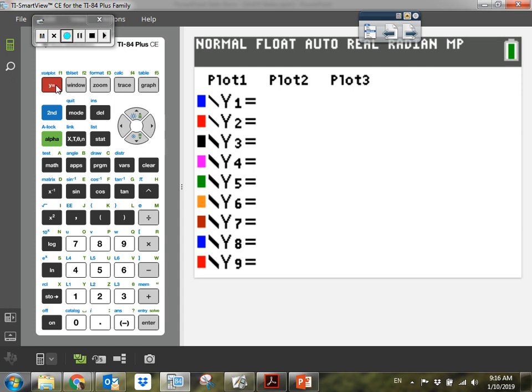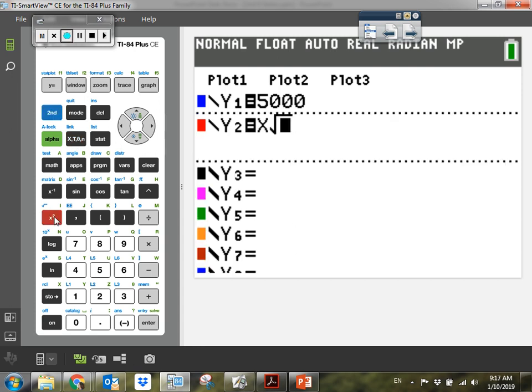I'm going to put 5,000 in y1, and in y2 I'm going to put x times the square root of 20x plus 100.